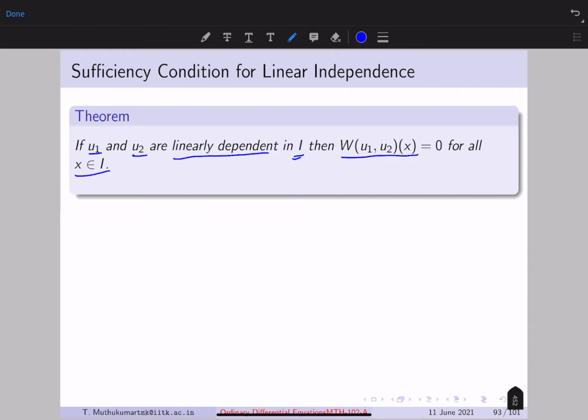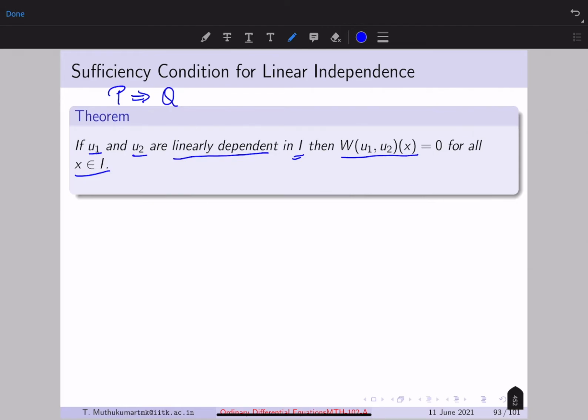This is the theorem. So if you have two functions, if they are linearly dependent, then the Wronskian is 0 for all x in the domain. Now, if you remember this logic property: if P implies Q, that is, if P happens, then Q happens. This is a logical statement, right?